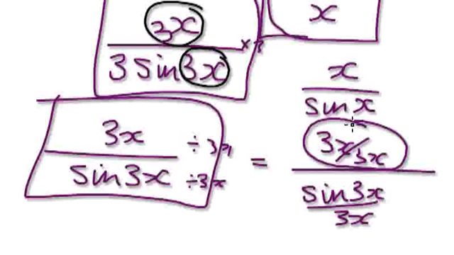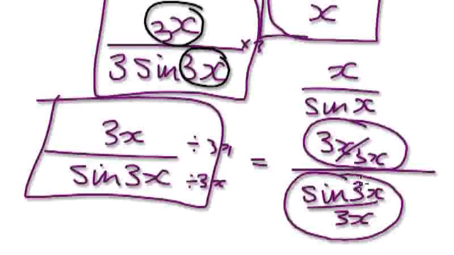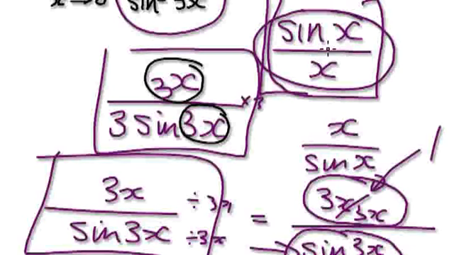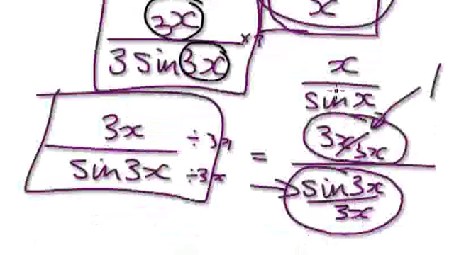Visualize it as one number, if you like, and here you've got another number. And then this here is just 1, and now this is something that you understand. This is something that we've seen before, sine x over x.